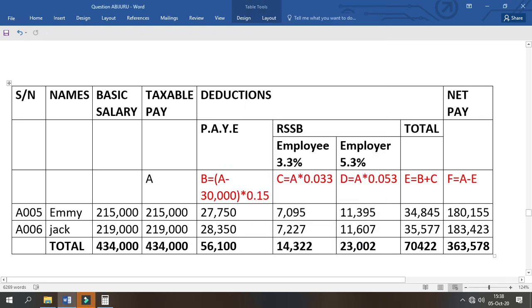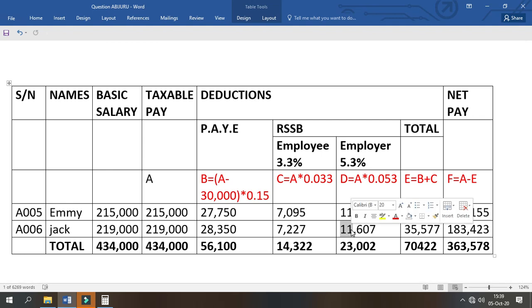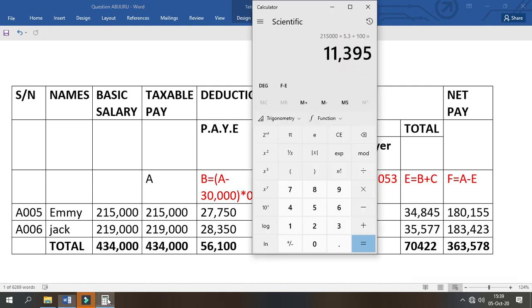For JEC, the employer contribution on behalf of the employee is 11,607, which is calculated in this way.